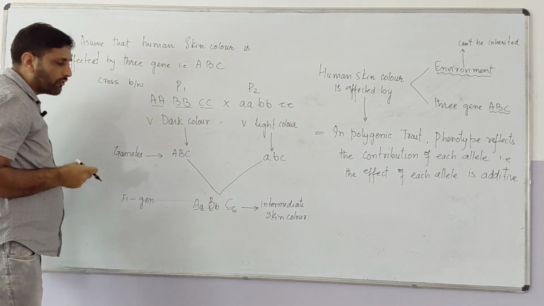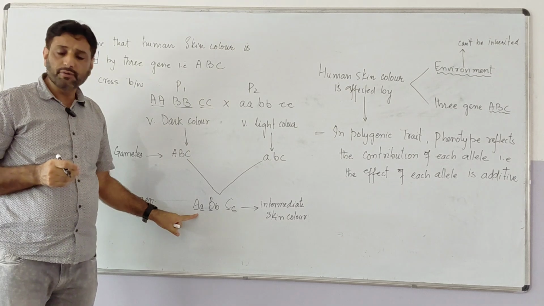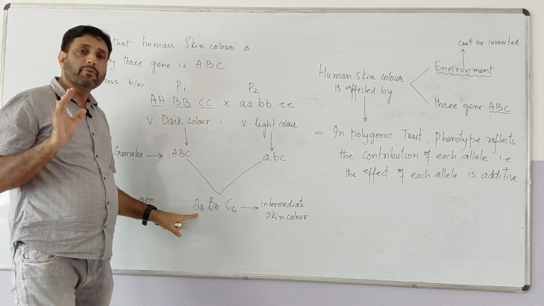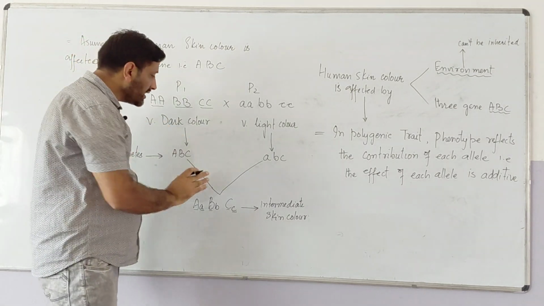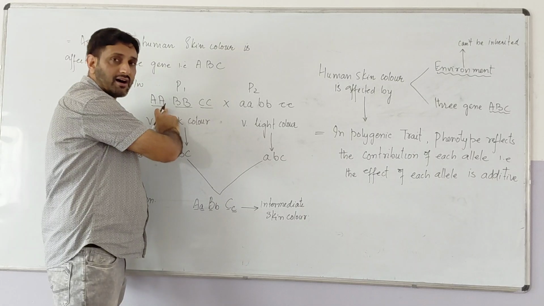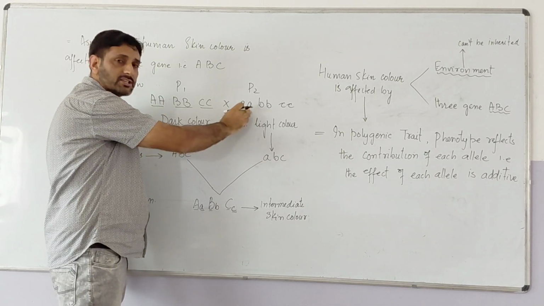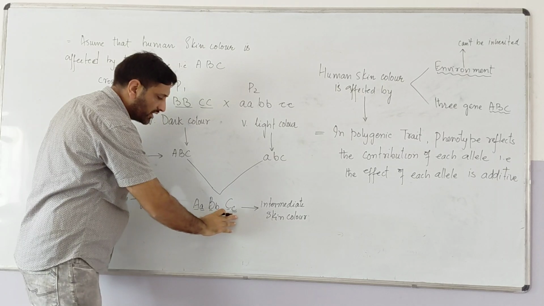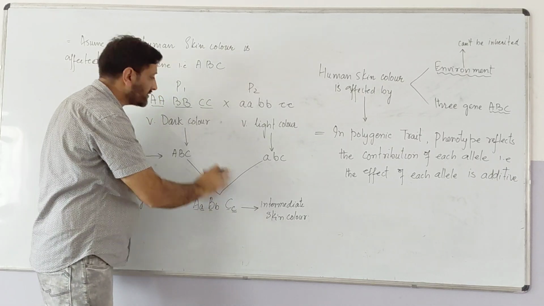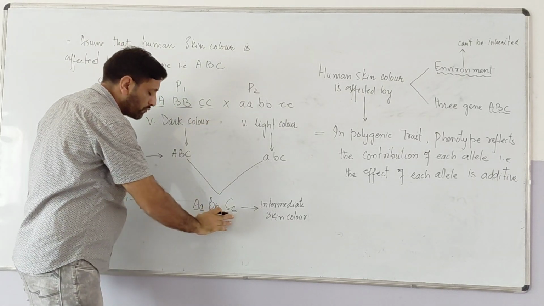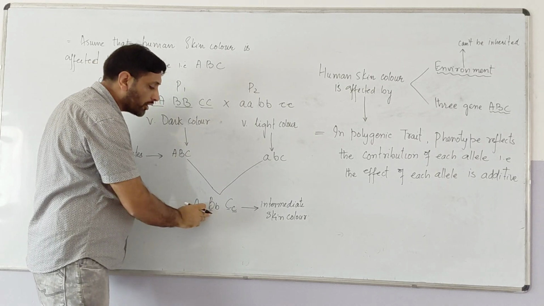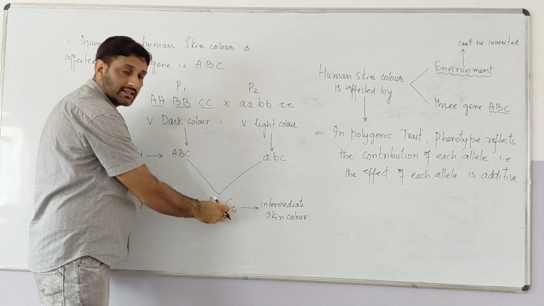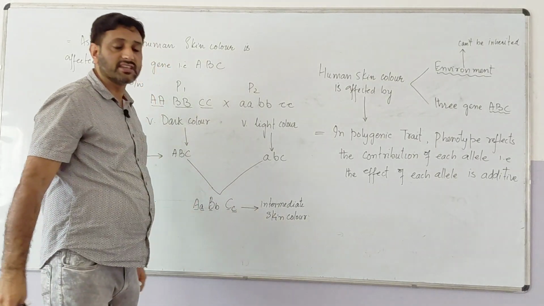So the number of dominant alleles and the number of recessive alleles varies. In one parent it was all 6 dominant alleles, in the other parent it was all 6 recessive alleles. But if we see in the F1 progeny, when we crossed these two parents, we found that there are 3 dominant alleles and 3 recessive alleles. They have produced this intermediate skin color.